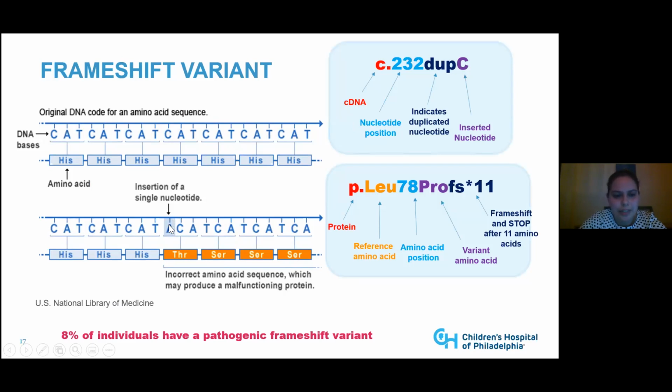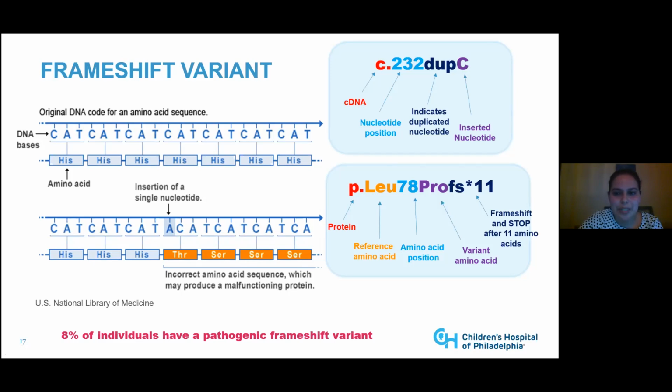And you can imagine that you're supposed to have CAT here. You have ACA, it throws off the rest of the protein. And so all the rest of the code after this is inserted, you get all the different amino acids afterwards.